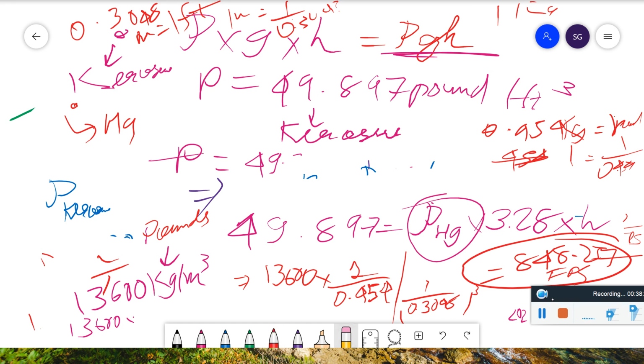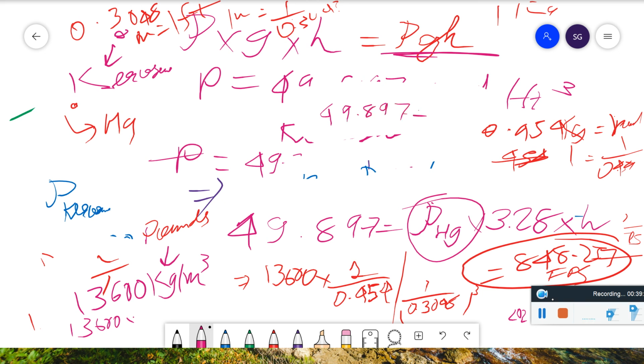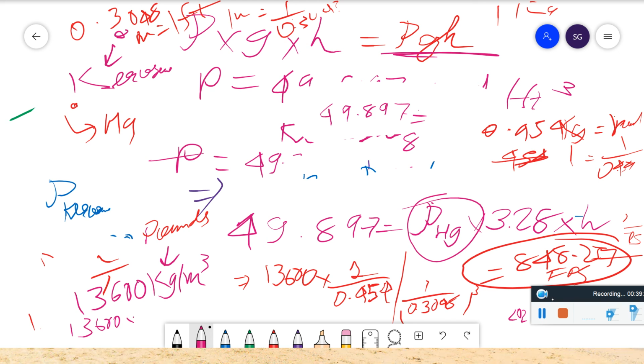So what we're going to do is, we know this one, which is, I know the figure: 49.897 is equal to 848.257. Sorry, it is just calculations.